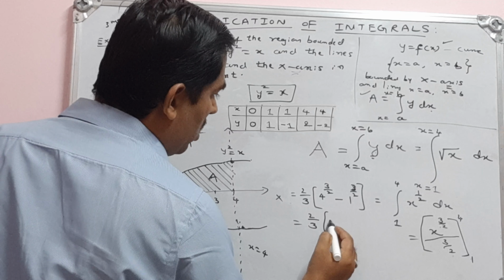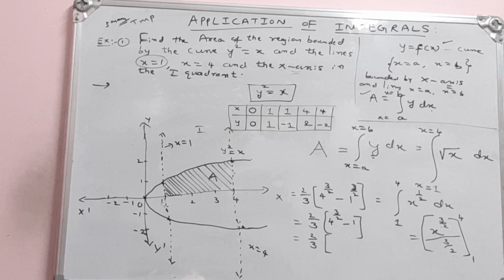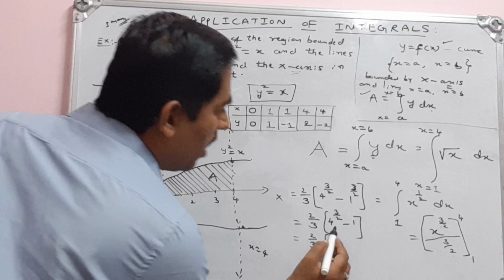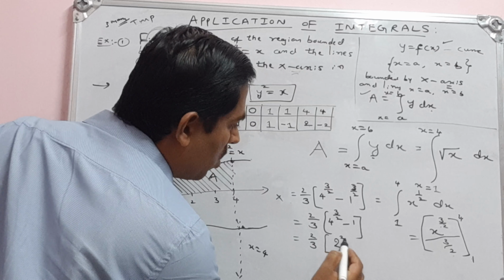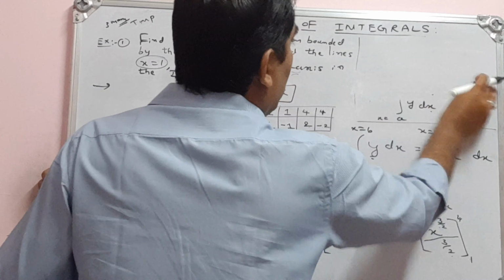Then, if you want, you can simplify this. Okay, I will simplify that. See, 2 by 3. So that is 4 to the power of 3 by 2 minus 1 to the power of 3 by 2, which is 1. Okay, see, this 4 I can write as 2 square. I will show it here.